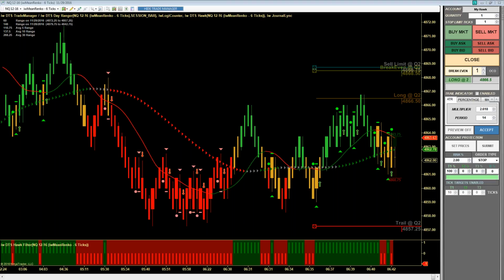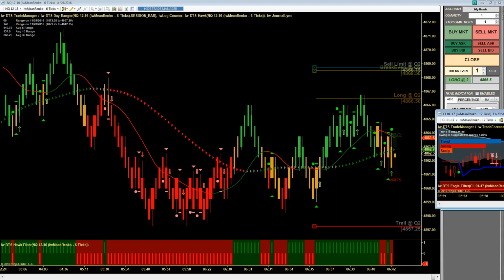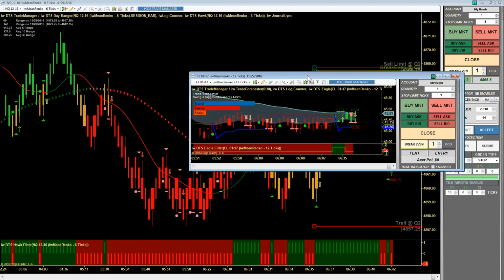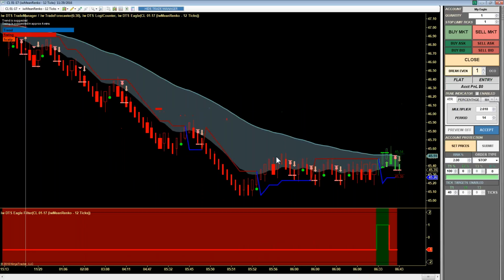Crude oil also dead sideways. Look at this. Here's crude oil on the Eagle. Have you ever seen a market more sideways than that?